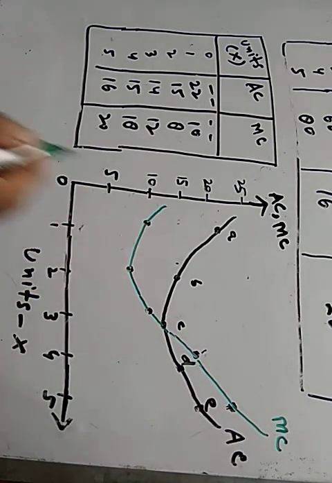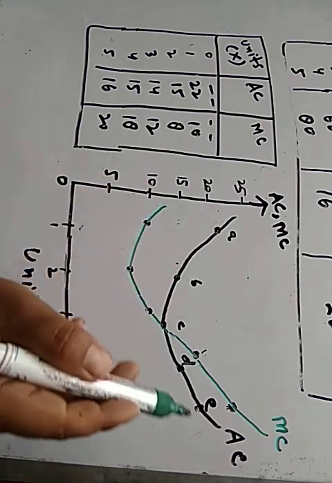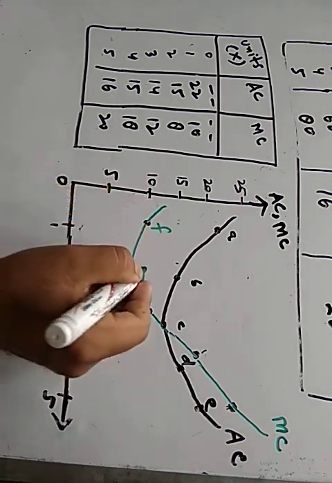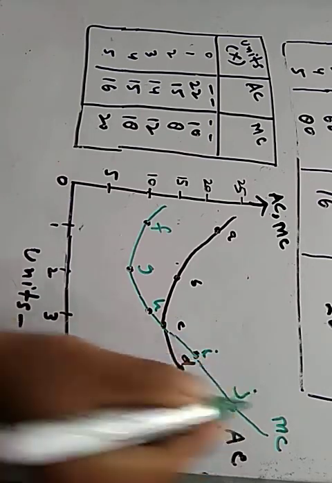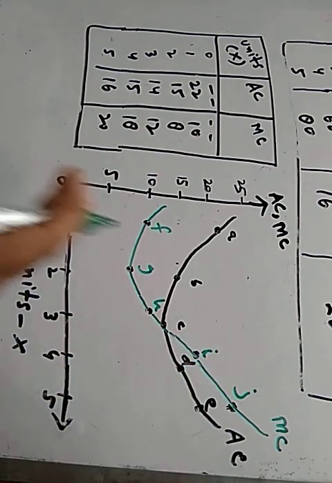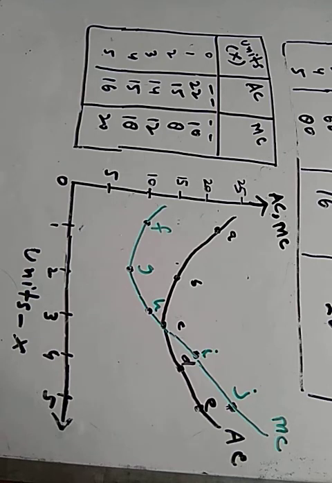And these points we will denote by F, G, H, I and J. Now you can compare these points to know the relationship between average cost and marginal cost. That is for your practice. I hope you will do it at your home.